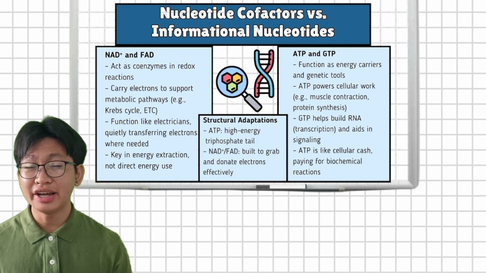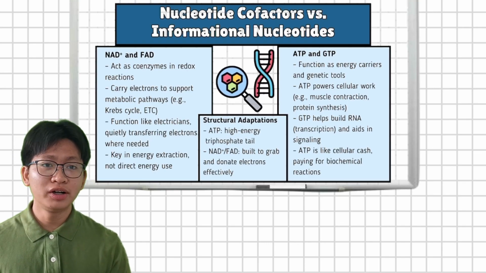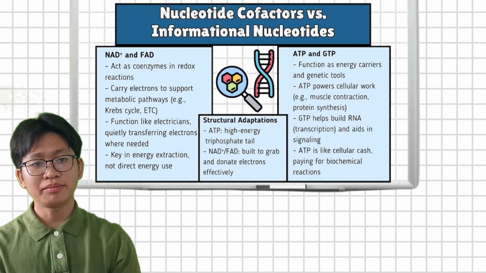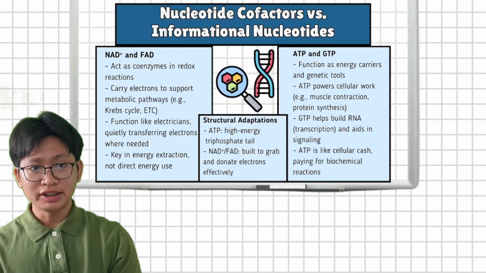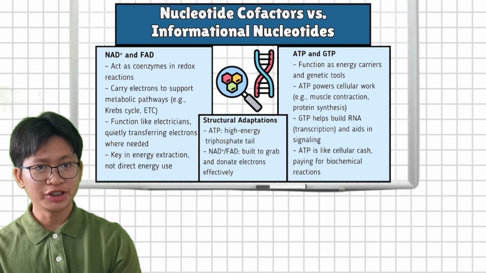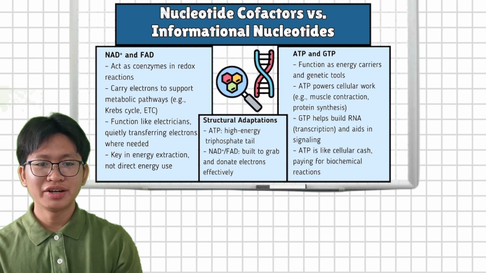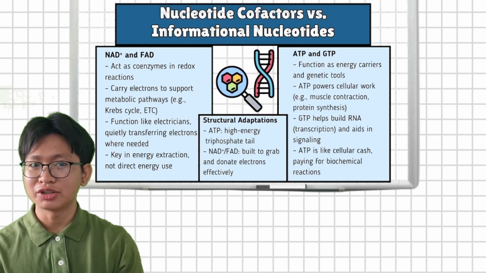But NAD and FAD, they're more like electricians that carry electrons to where they're needed. Each type is adapted to its role. ATP's triphosphate tail is high energy. NAD+ and FAD, on the other hand, are designed for grabbing and giving electrons.